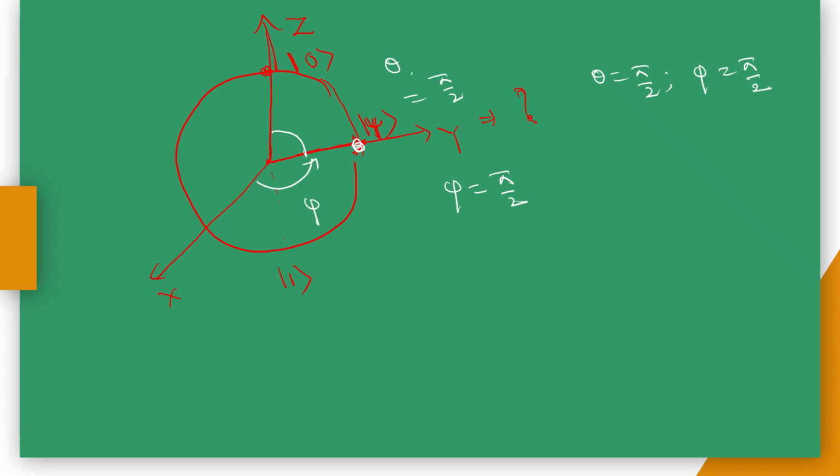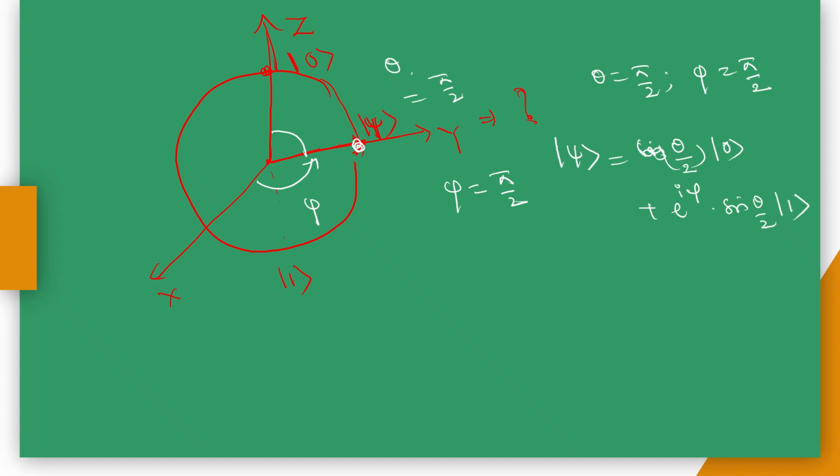So both theta equal to pi by 2 and phi equal to pi by 2, if you apply them to represent the state psi at this point, psi equals cos theta by 2 state 0 plus e power i phi sin theta by 2 state 1.